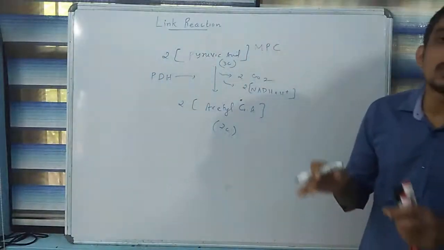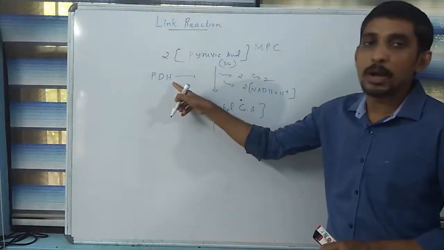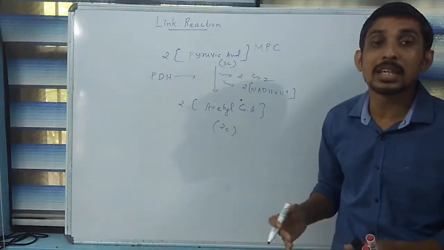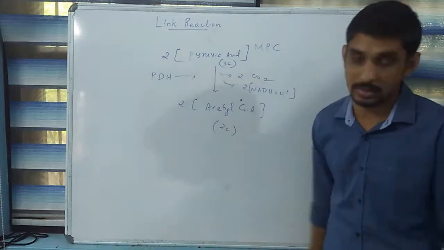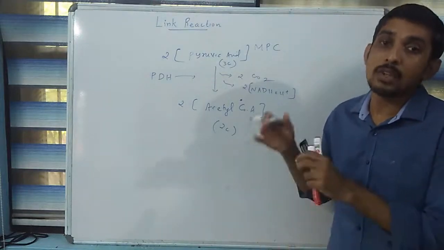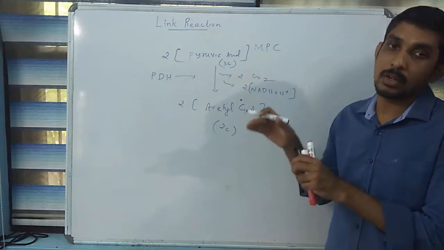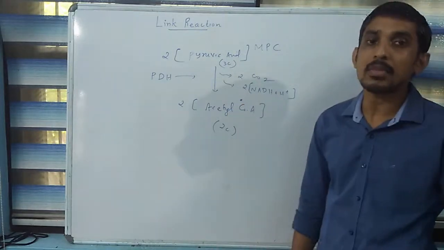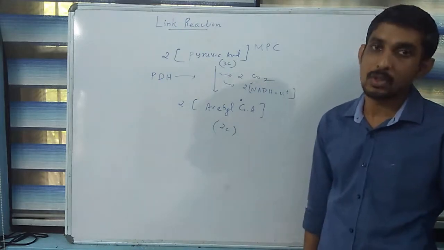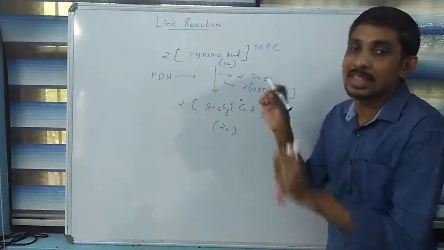Next, we need to study the details of this pyruvate dehydrogenase. Actually, pyruvate dehydrogenase is an enzyme complex consisting of 5 cofactors and 3 apoenzymes. So it is not a single enzyme.